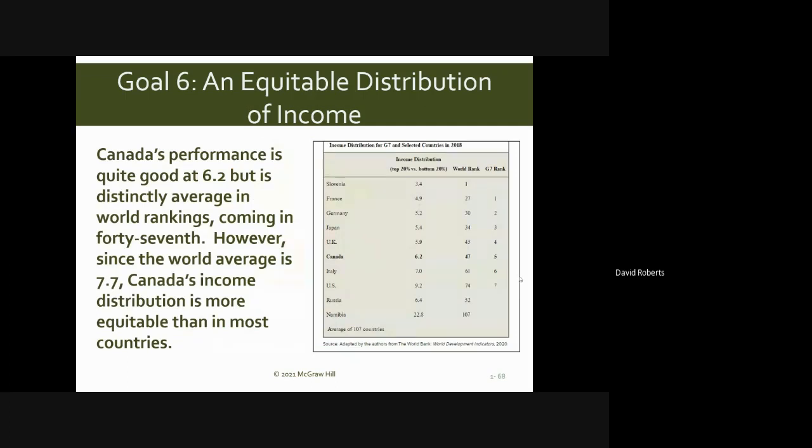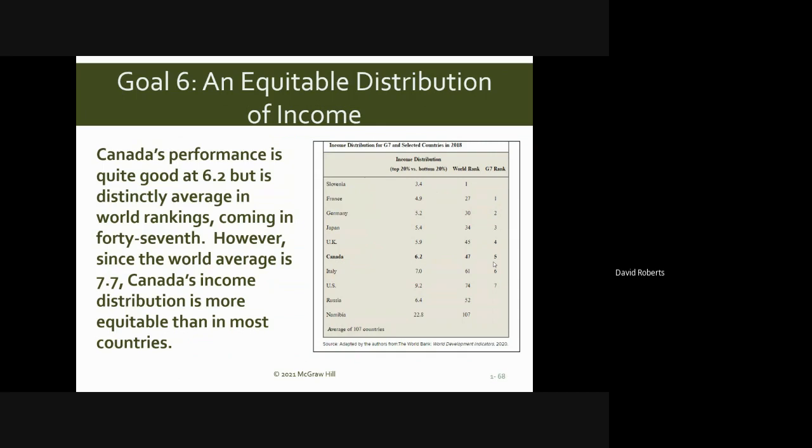You can see that Canada ranks 5th in the G7 when it comes to distributing income between the top 20% and the bottom 20%. You can see the United States, there's a greater disparity between the rich and the poor. On a worldwide basis, the United States is ranked 74th.